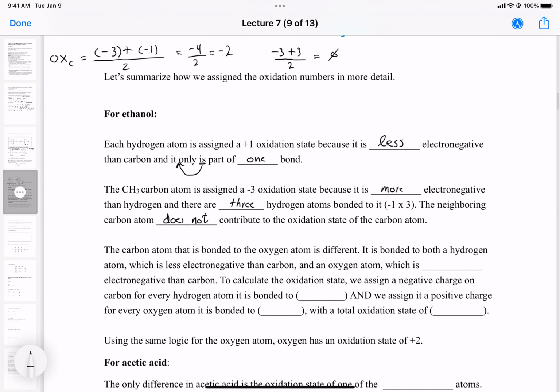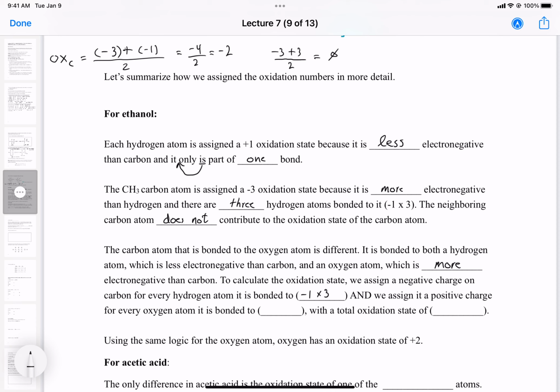All right, so now let's talk about the important one, the one that's bonded to oxygen. Carbon's more electronegative than hydrogen, but oxygen is more electronegative than carbon. Right? So to calculate the oxidation state, we're going to assign a negative charge on carbon for every hydrogen atom it is bonded to. So we have -1 times 3. And we assign a positive charge for every oxygen atom it is bonded to.